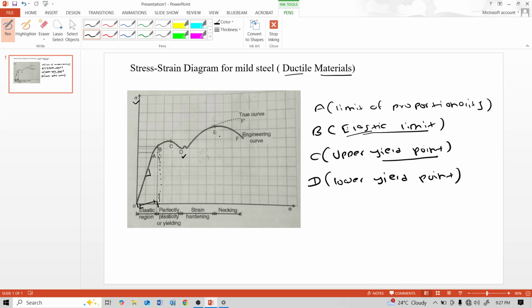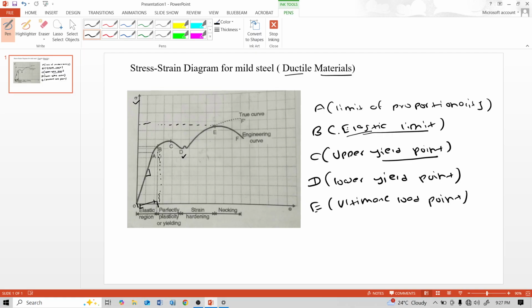This point E is the ultimate load point. Stress is maximum at this point E. After increasing the load beyond the yield point, the stress strain curve rises till point E, which is called the ultimate or maximum load point.